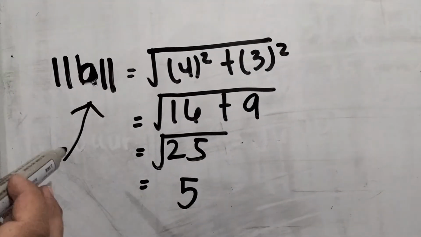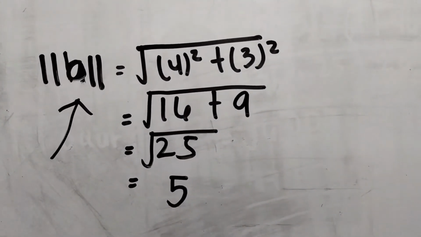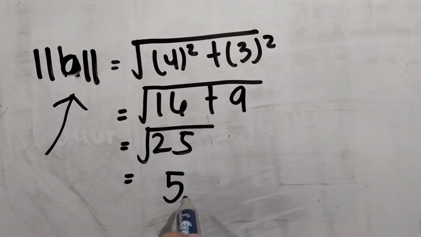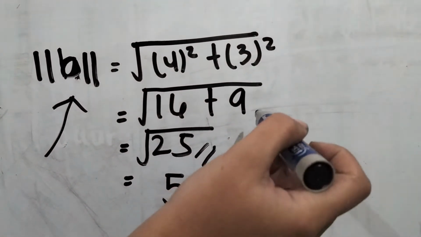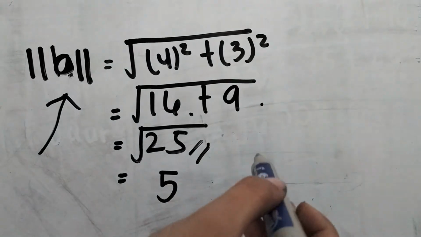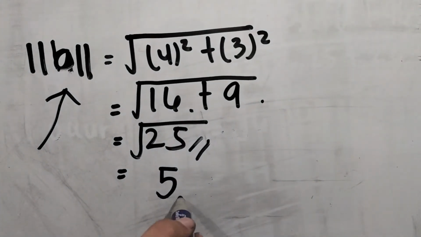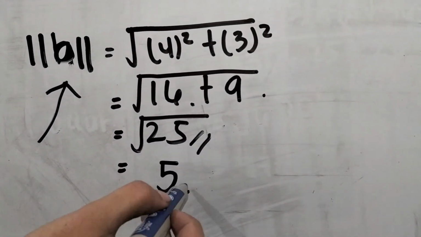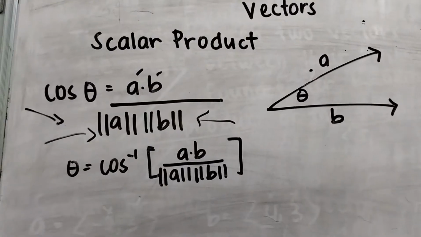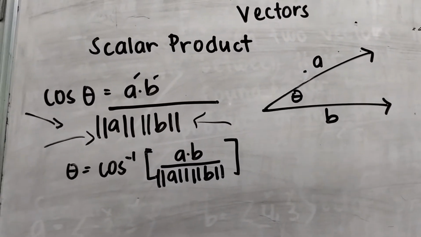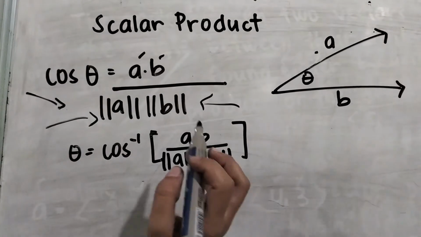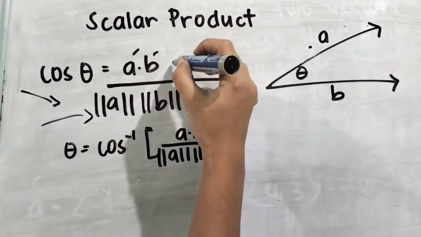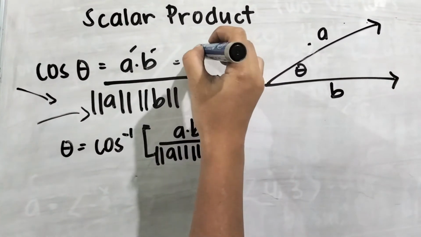Next, the magnitude B, the value is 5. Since 25, as you add this and get the square root, it has a square root of 5. Answer is 5. So we'll use what we had solved earlier. So we got the answer of this is equal to 1.